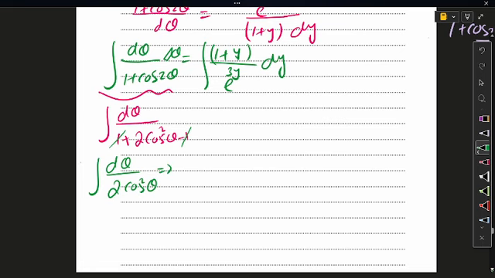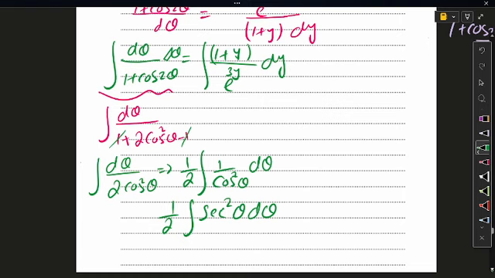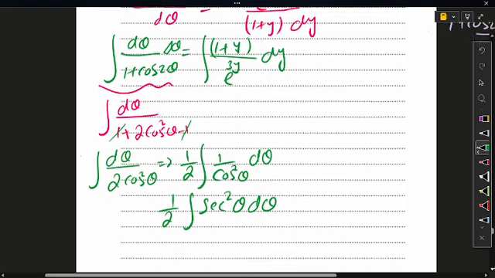Now I can write it this way: 1 by 2 can be taken outside, and 1 by cos square of theta d theta. 1 by cos square of theta can be written as 1 by 2 secant square of theta. Is it? So 1 by cos is secant, so 1 by cos square would be written as secant square theta, obvious.